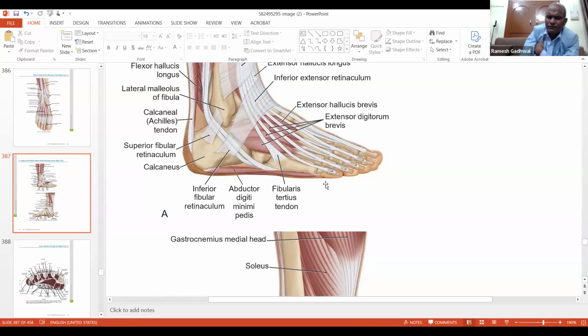That is going through to the toes. So what is happening when we do not have a stable foot and not a good posture of the foot? Then it disturbs all the ligaments.